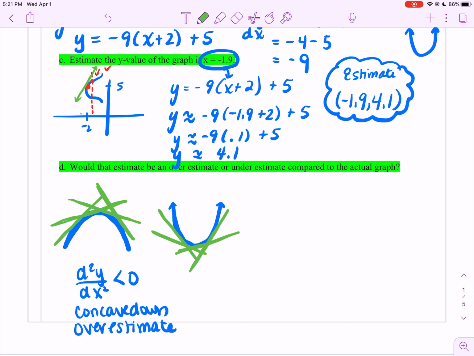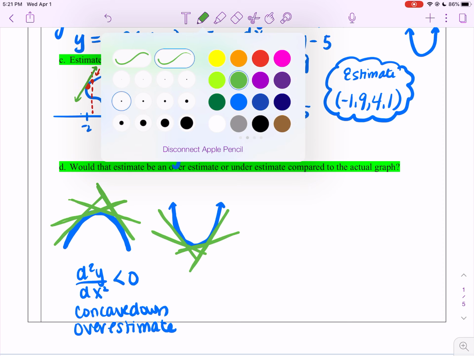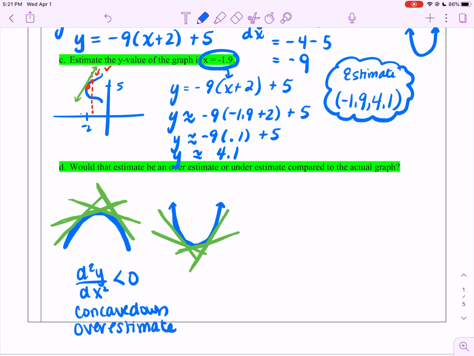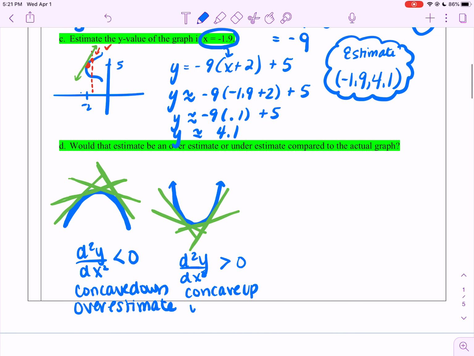That means that whatever we get from our tangent line as our estimate is always going to be an underestimate to the graph itself, to the actual value. So just recapping, if your second derivative is positive, meaning if your graph is concave up, we're going to have an underestimate from our linear approximation.